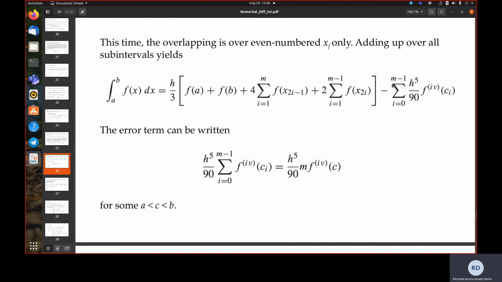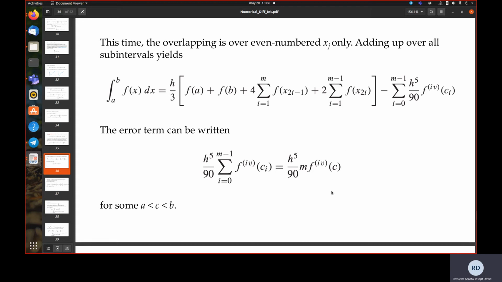And then, of course, we have the error term, which is the summation of all the errors on each of the subintervals. And this, as I said, can be simplified because this is still the same thing. This is an addition of the fourth derivative in C, but we see that this is equal to m times f, the fourth derivative in C. So it's exactly the same because these are the same derivatives of the function.